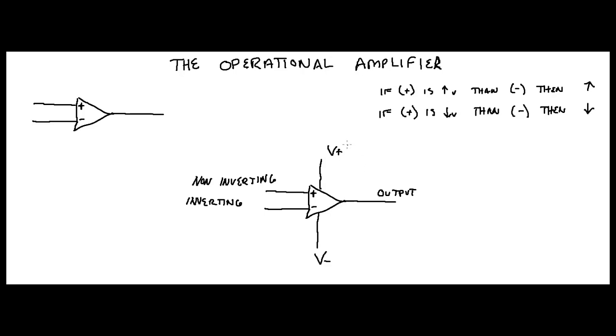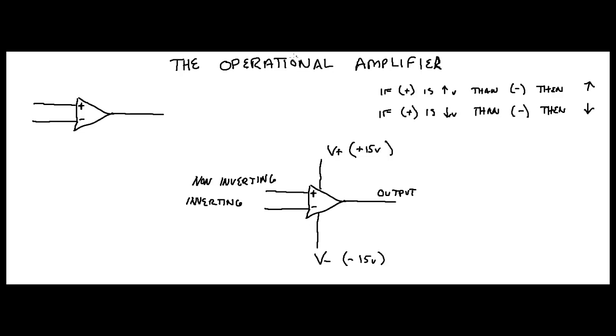Now, suppose in the spec sheet for the operational amplifier, that's where all this comes from, we say, all right, let's call this plus 15 volts, and let's call this one minus 15 volts. Got it?